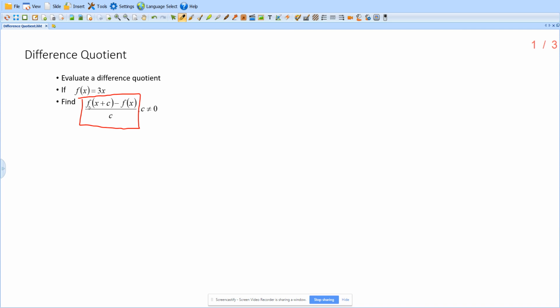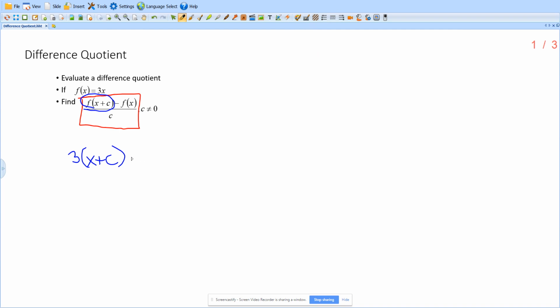So if we do this in practice, to do the f of x plus c, I'm going to switch color real quick. So if I'm going to do this f of x plus c, I'm going to write the f of x function, 3, except instead of x, I now have to replace that with the entire quantity, x plus c.